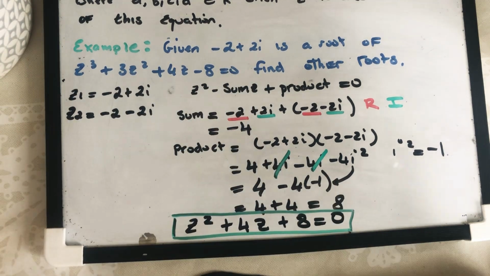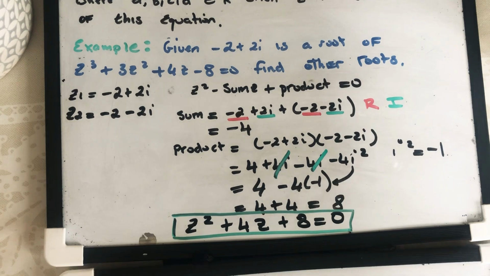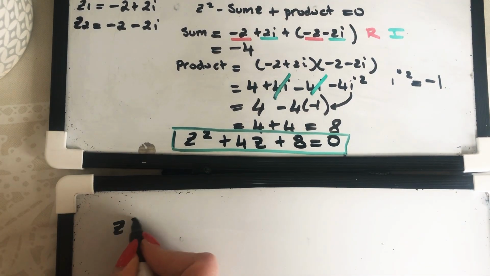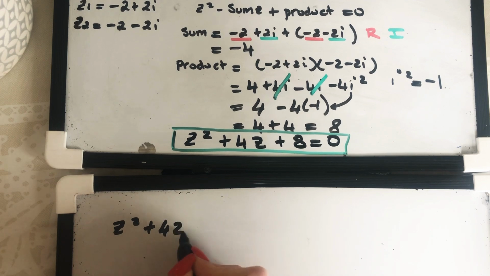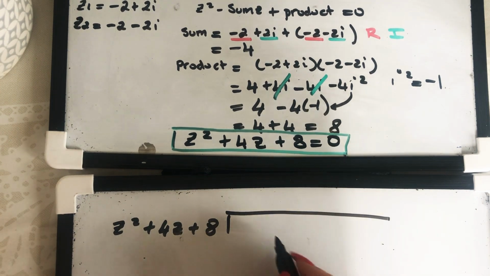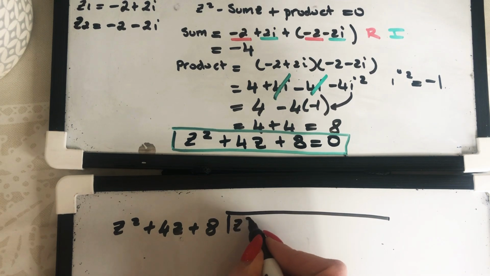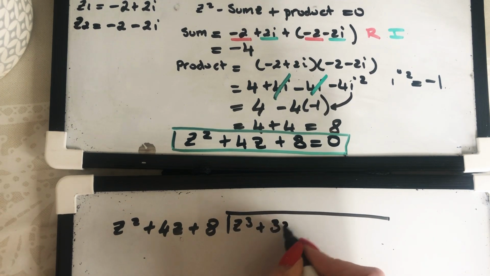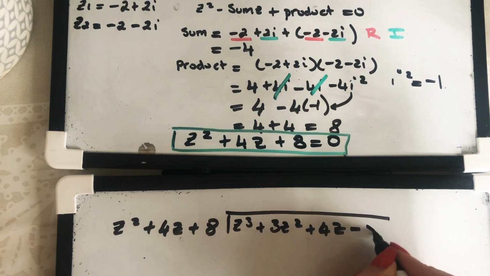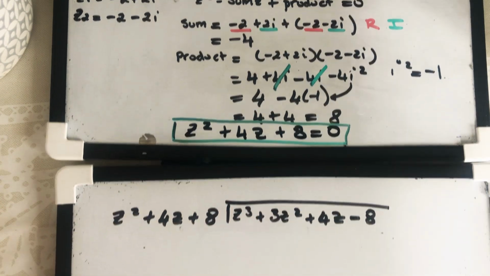So let's write that out. We have z squared plus 4z plus 8, and we're long dividing that into z cubed plus 3z squared plus 4z minus 8.